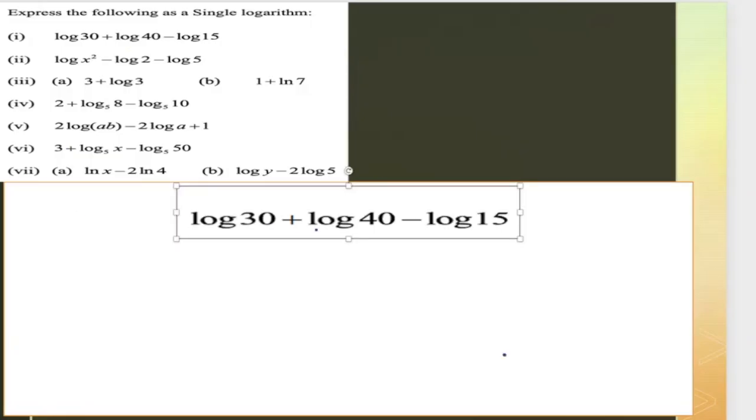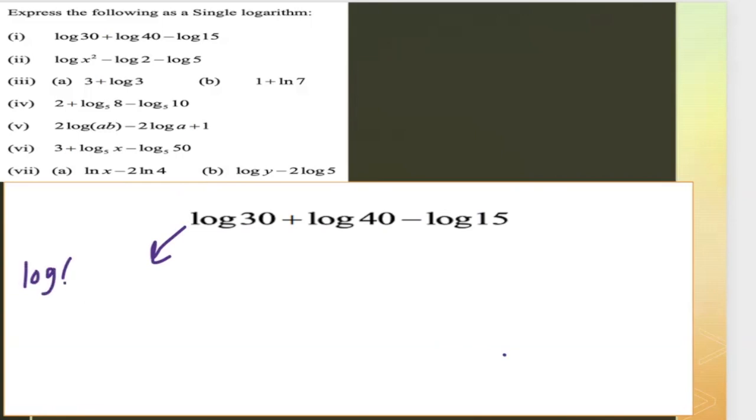One way is just to say, okay, when you add, you multiply, so you'd have log, and you multiply 30 times 40, minus log 15.